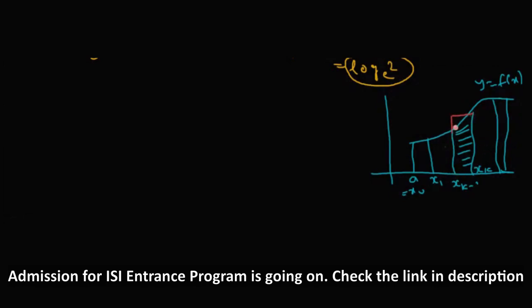So this area plus this area plus this area plus this area. I mean the whole maximum possible area that can be drawn within any interval xk minus 1 to xk, the sum of the maximum possible area will be equal to the area of the function fx.